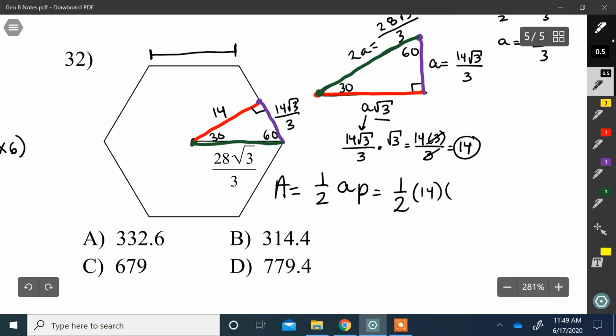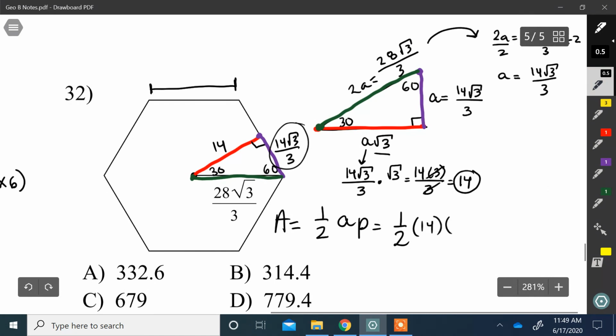The perimeter, we have to multiply this times 2. So 2 times 14 will be 28 square root of 3 over 3. So that's what we're actually going to put here. 28 square root of 3 over 3 times the number of sides, we already know, is 6.